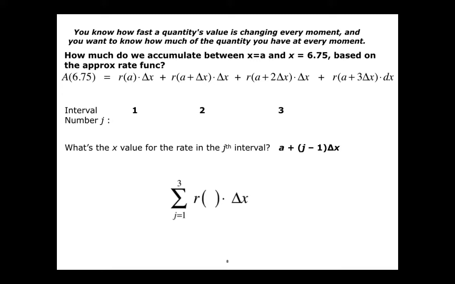R of a plus 1 delta x, r of a plus 2 delta x. The number of delta x's that I have added on is 1 less than the interval number that I'm on. So interval number 1 has no delta x's. Interval number 2 has 1 delta x. So when I sub in a 2, this j minus 1 gives me a 1. Interval number 3 has 2 delta x's, 3 minus 1.